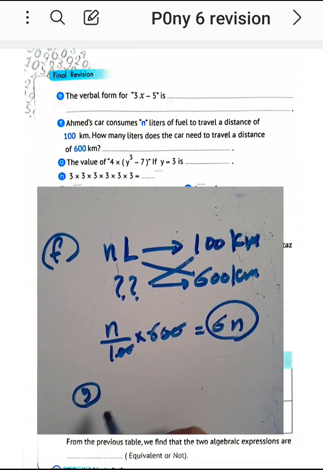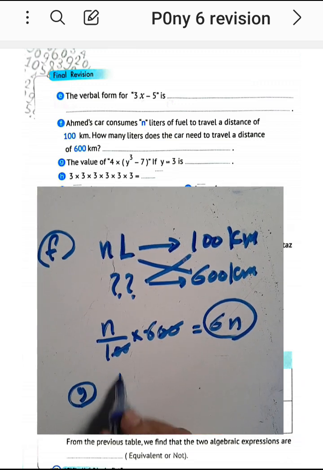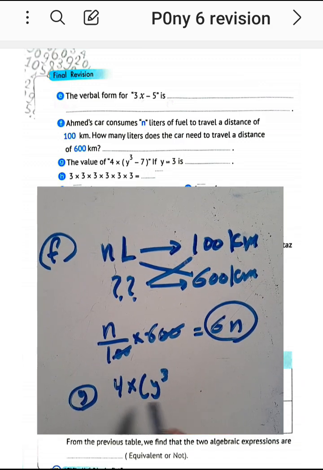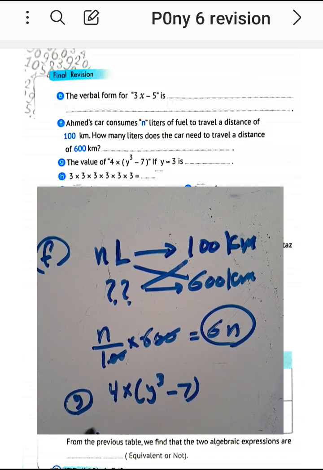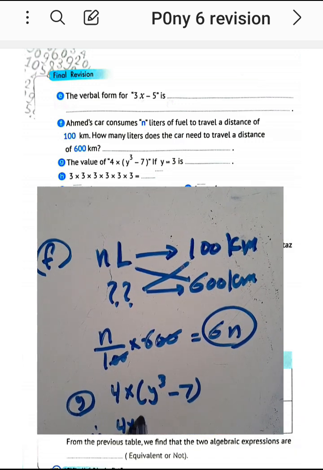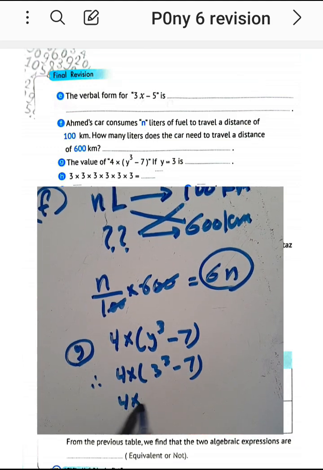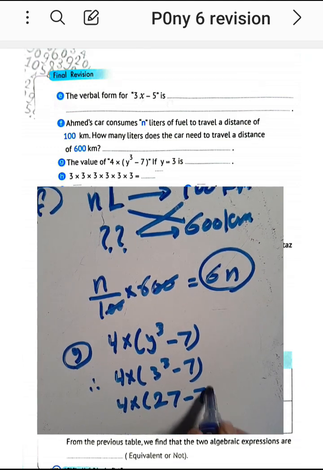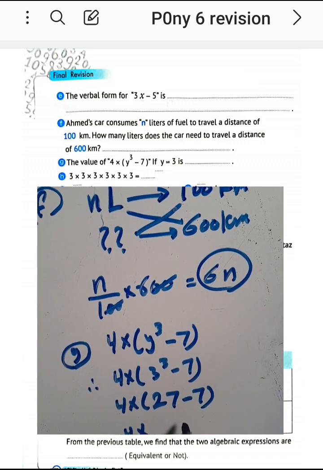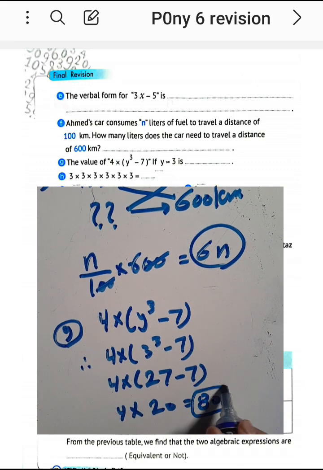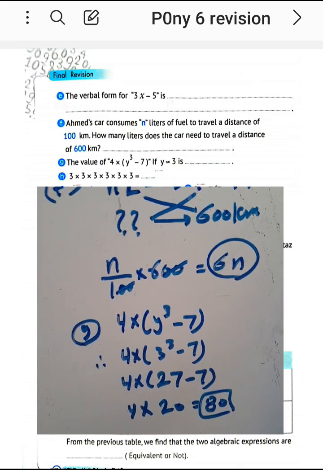Question letter J, the value of 4 multiplication by y power 3 subtract by 7. If y equals 3, then 4 times 3 power 3 minus 7. 3 power 3 equals 27, so 4 times 27 minus 7 equals 20... the result will be 80.